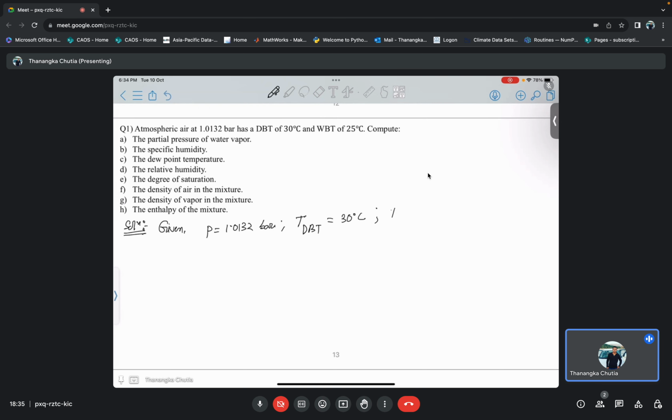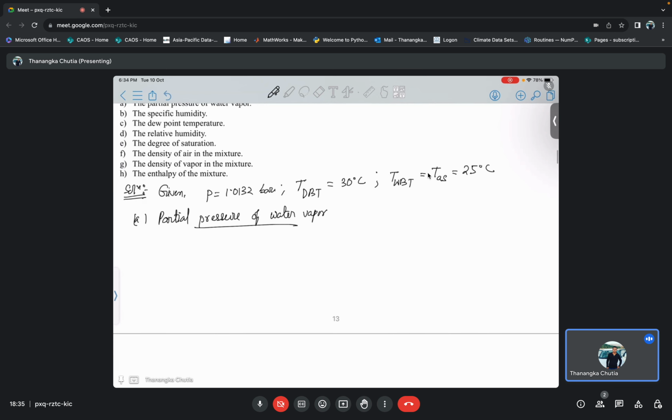And wet bulb temperature, which sometimes I can write as TAS, is equal to 25 degrees Celsius. Now the partial pressure of water vapor.